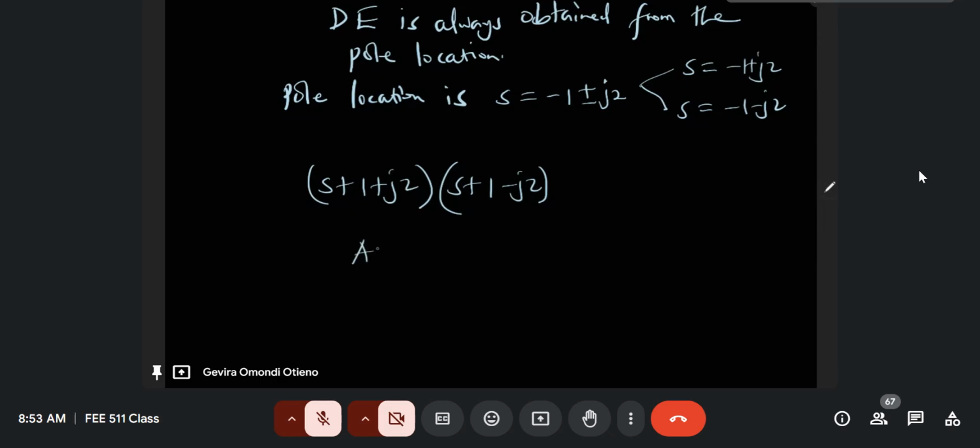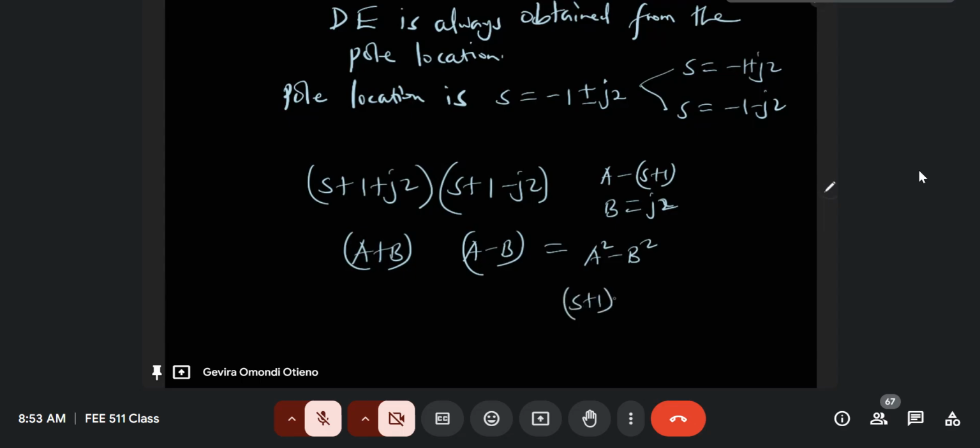We have A plus B and A minus B. Remember, A is like S plus 1 and B is like J2. So you were told it is A squared minus B squared. So it's like saying S plus 1 squared minus J2 squared.